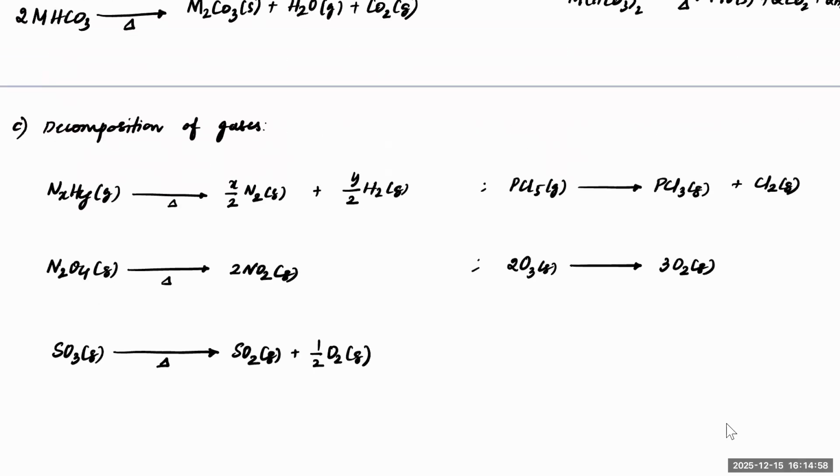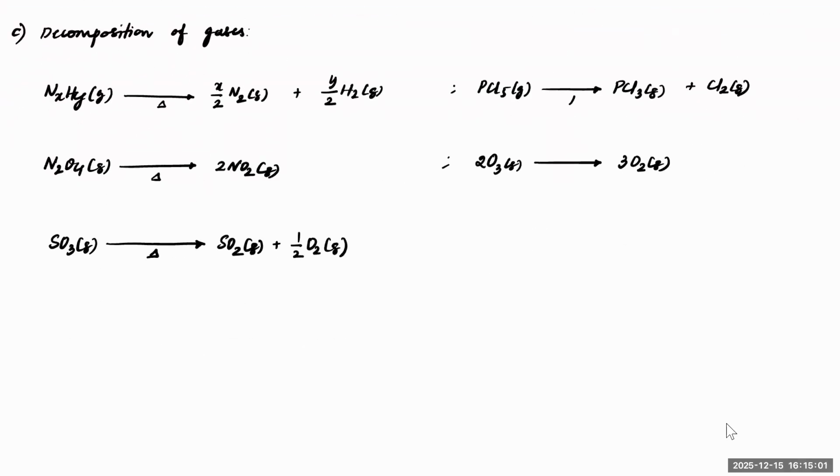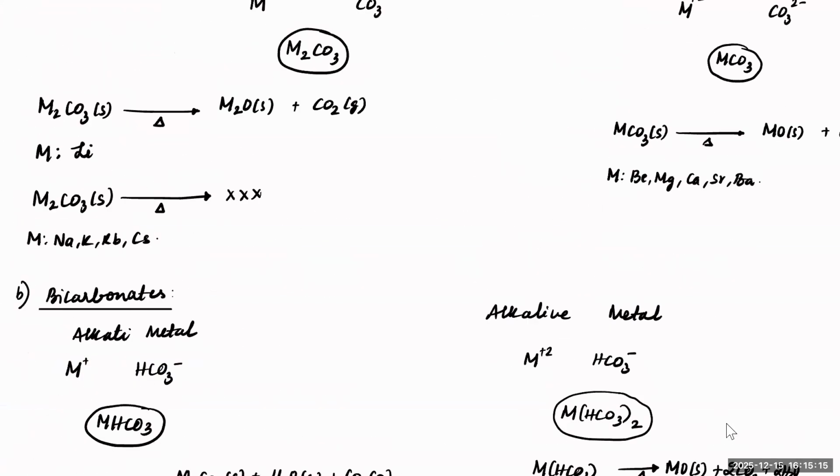So these are all gas decompositions. Usually, gas decompositions always happen as you heat them. On heating, they will all convert into these other gaseous forms. So, is the decomposition part clear, beta? Yes. These are the decomposition reactions which you should be aware of.